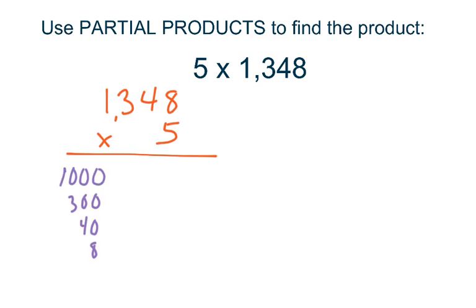My first step when I'm using partial products is, of course, to write my problem vertically, and then I'm going to expand my number. So I expanded 1,348 into 1,000 + 300 + 40 + 8, and now I'm going to multiply times my 5, or I'm going to distribute my 5 to each piece. My third step is actually to multiply.